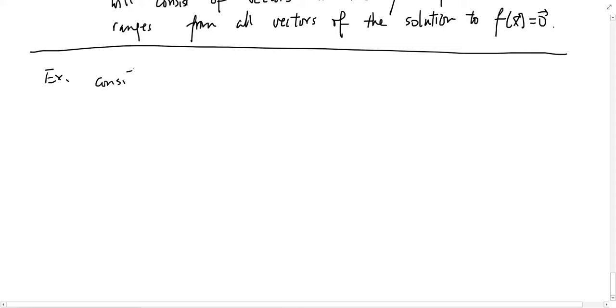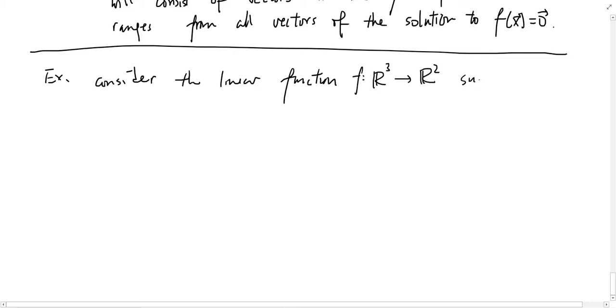Let's consider the linear function f that maps from R3 to R2, such that f of vector x is equal to the matrix with rows 1, 1, 1 and 0, 1, 2, multiplied by x, y, z.